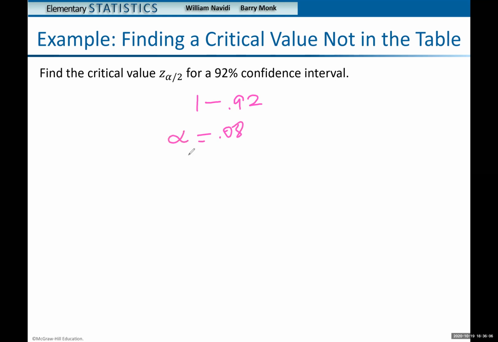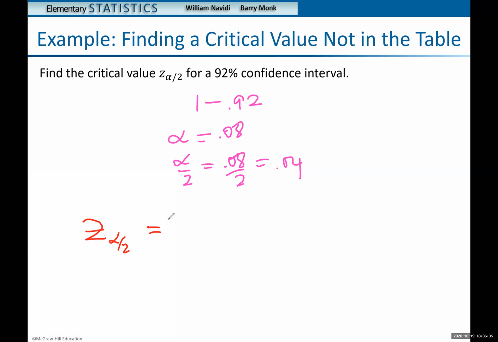And alpha over 2 is 0.08 divided by 2, which is equal to 0.04. So we want to find z of alpha over 2.